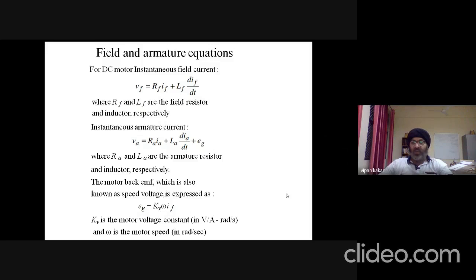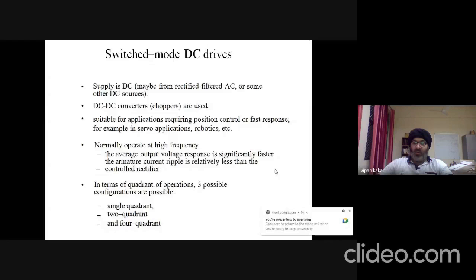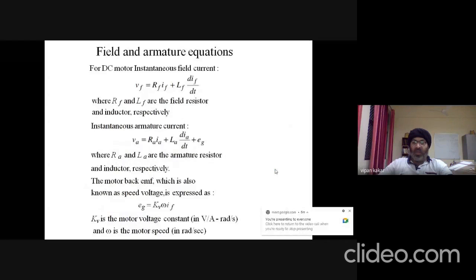This kV is a constant known as the motor voltage constant, omega is the motor speed, and IF is the field current. So the back EMF is dependent upon the speed of the motor and the field current.